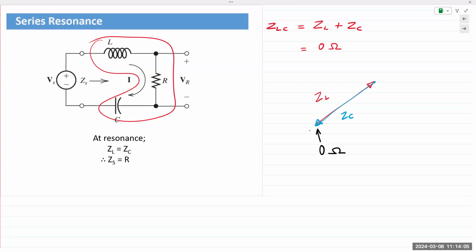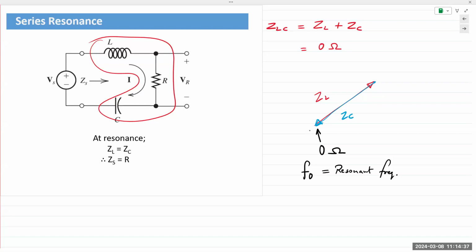The frequency at which this takes place is known as the resonant frequency F0. But the cumulative effect of the inductor impedance and the capacitor impedance reducing to 0 is that it behaves like a short circuit.